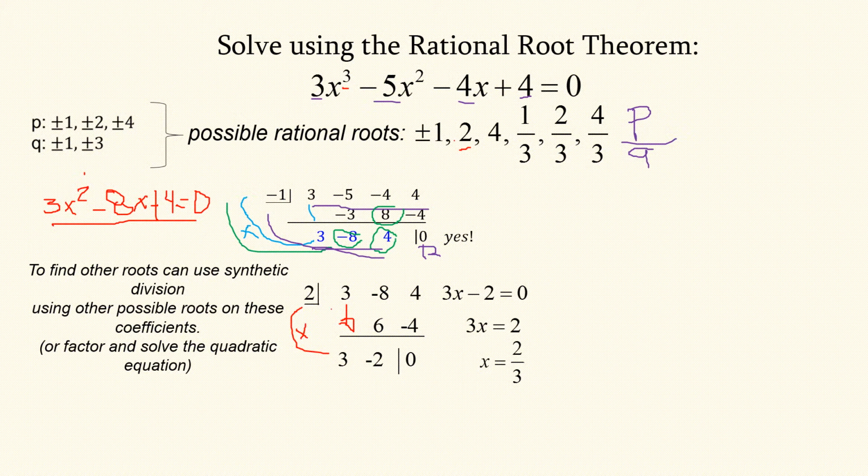Then after that, i-add natin yung negative 8 and 6, magiging negative 2. Then multiply ulit. So we have negative 4. Then i-add ulit natin yung positive 4 and negative 4. Ang makukuha ay 0 na remainder. So, ibig sabihin ay yung positive 2 will be also the other zeros of our equation.